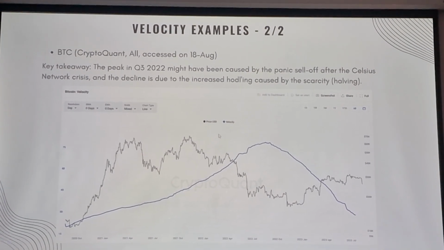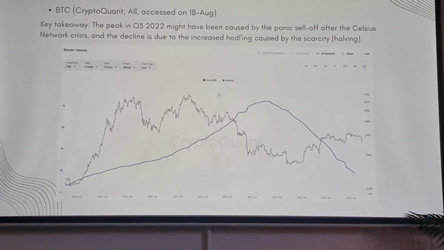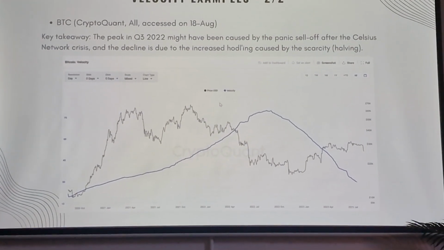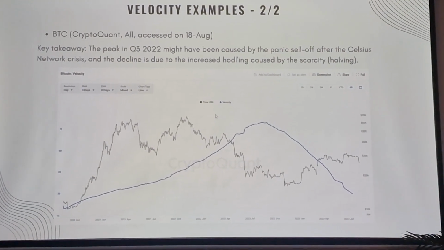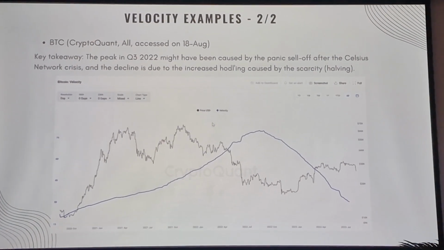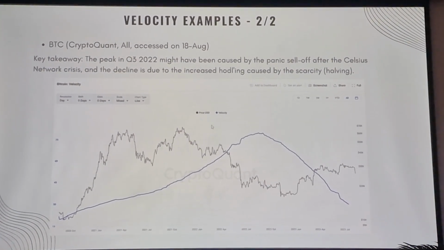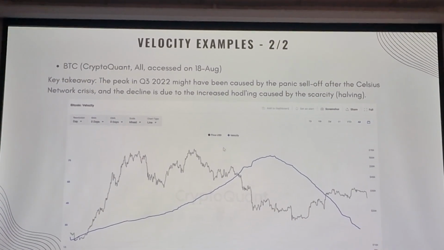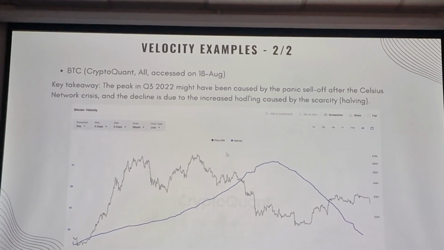And this is the BTC, a bit different, as it picked up during Q3 of 2022. My hypothesis is about the panic sell-off. So this is the thing about velocity: it doesn't matter whether you sell or buy. Velocity is the amount of the token or coin that changes hands.